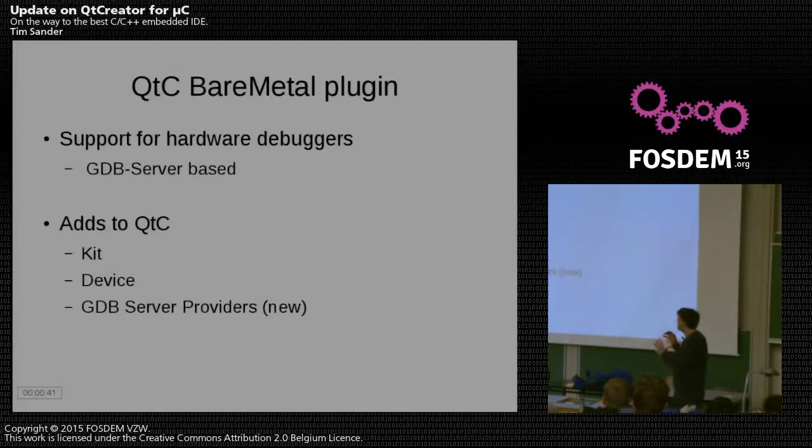So a kit is a set of compiler, debugger, and devices you put together. And with this kit, you then have a target defined for your debugging purposes. So by adding a new BareMetal kit, it's possible to add support for hardware debuggers.